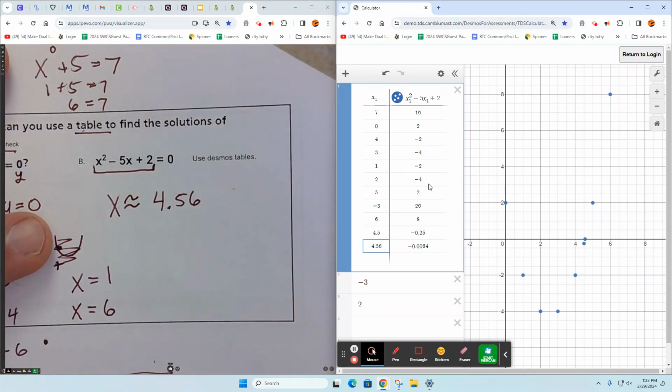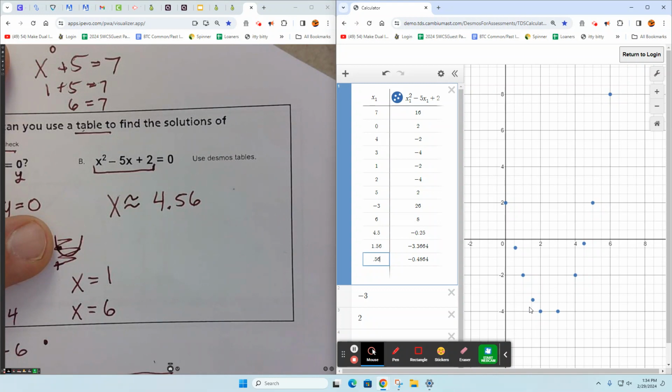Do we believe that there's another one on this? Yes. Absolutely. Where do you think it is? I think it's on the other side, below 1. Okay, below 1? But I don't think it's 1.56. I love that guess. Not quite, because 1 is right here. 0.56.